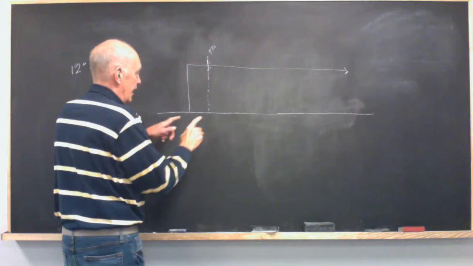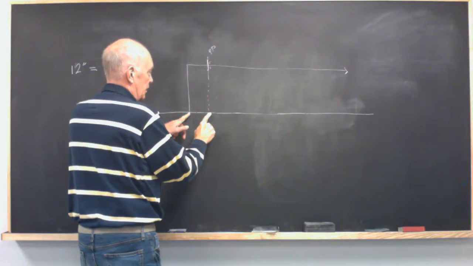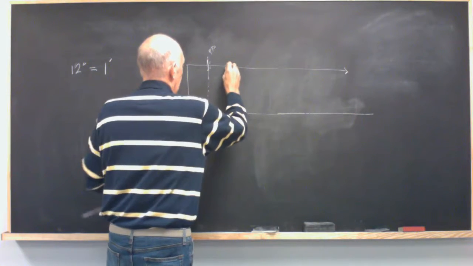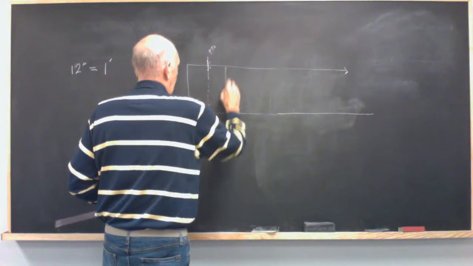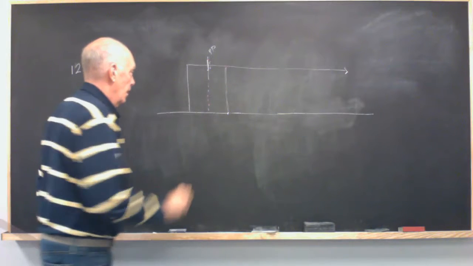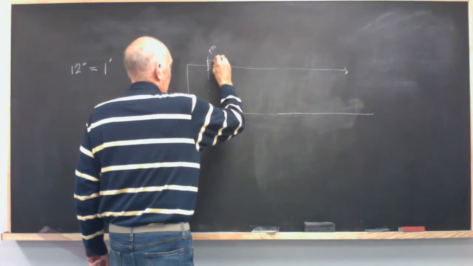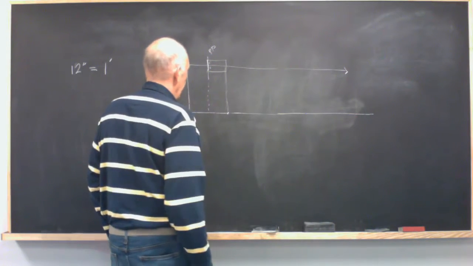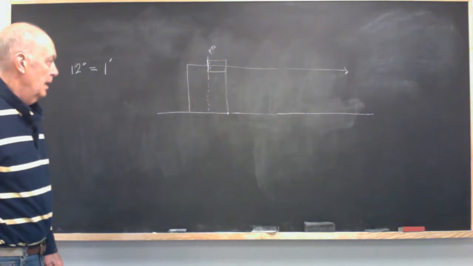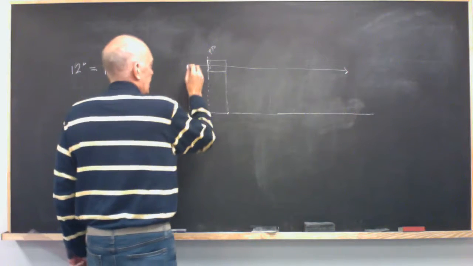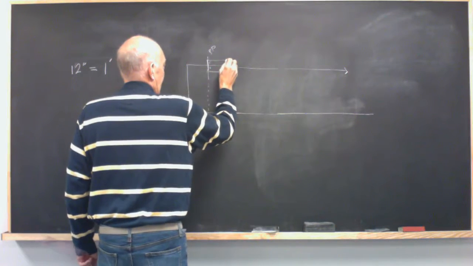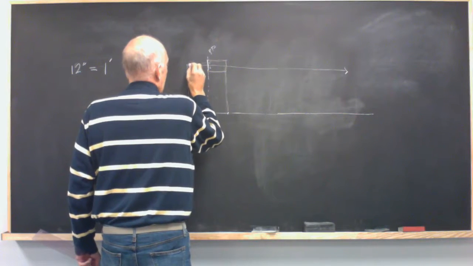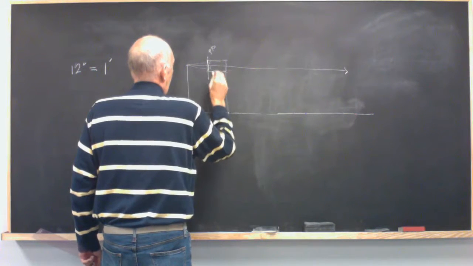Now, if I take that distance and move it out here, in other words, I move the ruler parallel to the ground plane out here, and I draw lines from the end of that ruler to there.